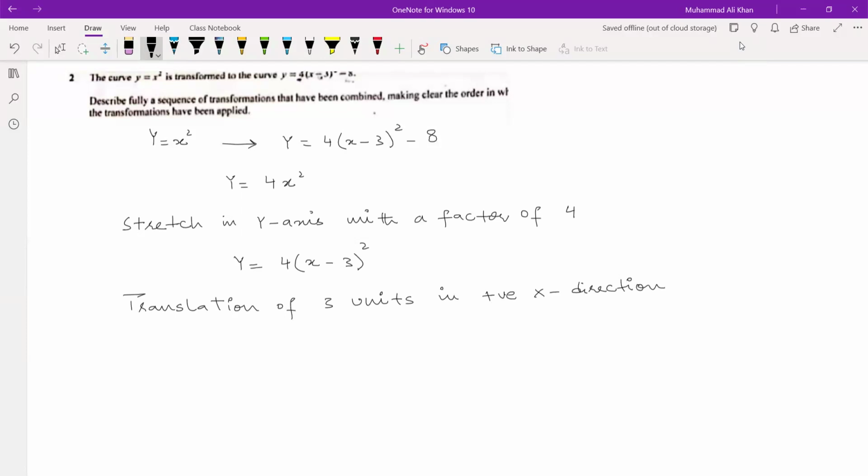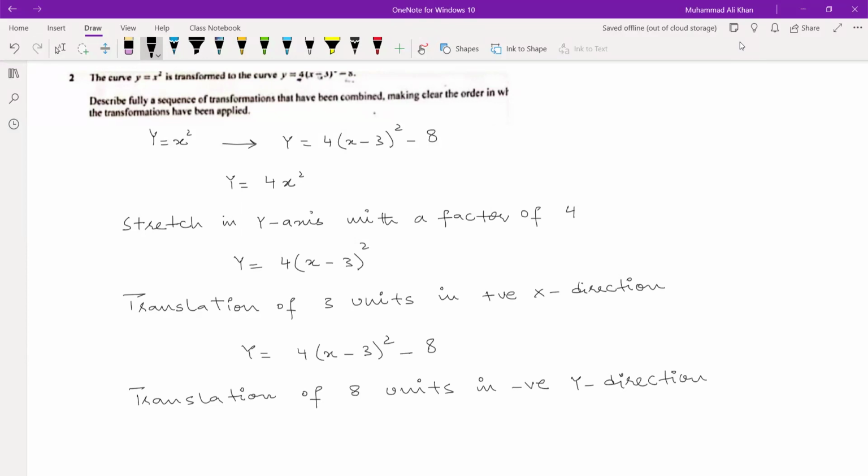Now, after that, y equals to 4(x - 3) whole squared. I'm subtracting 8 from the whole. So it will be again a translation of 8 units in negative y direction.